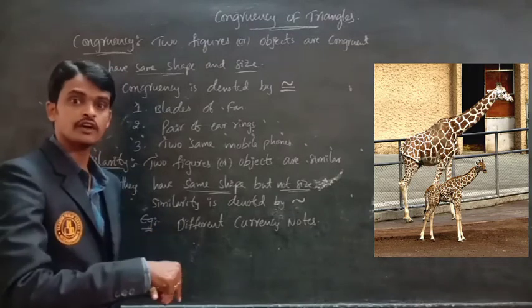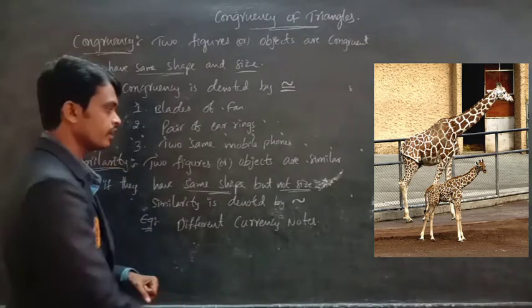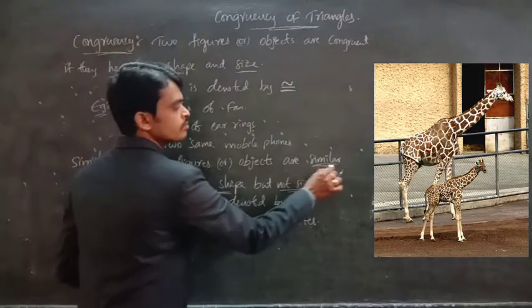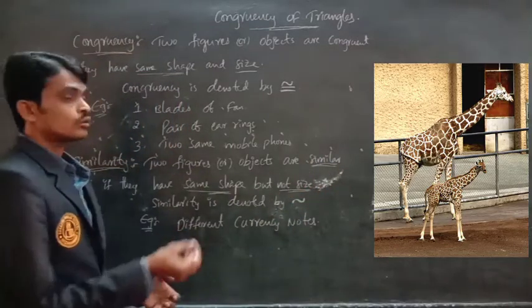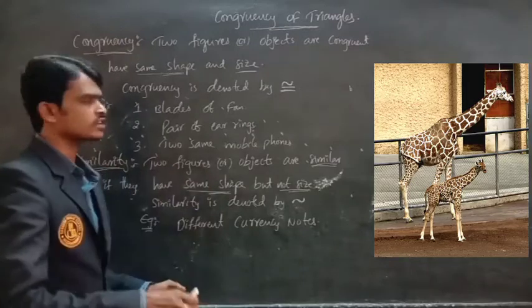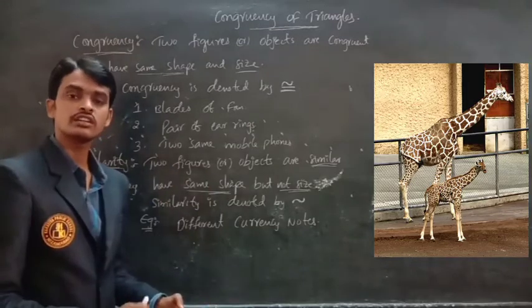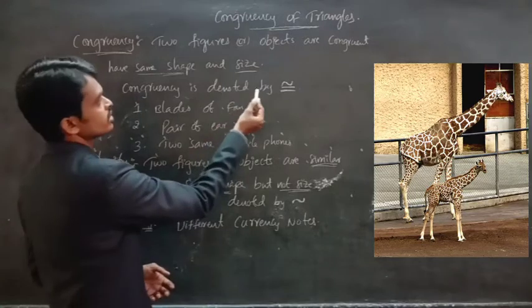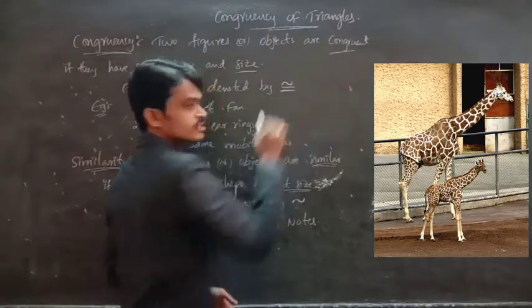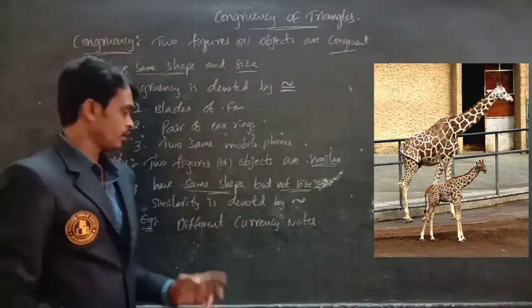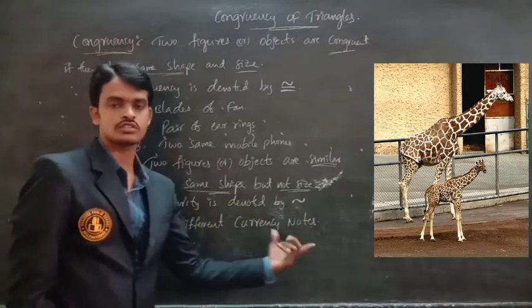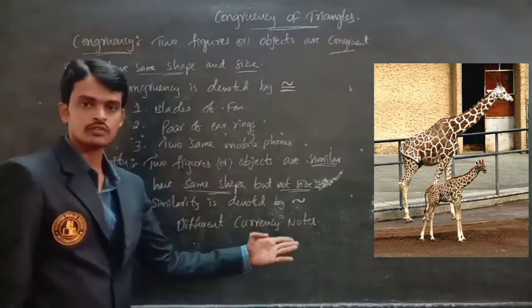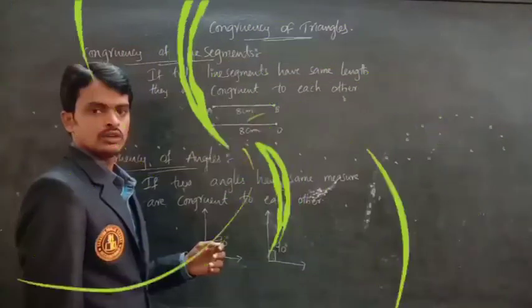So these kinds of objects we will say are similar objects. If two objects have the same shape and same size, then they are called congruent. So these are the examples: different currency notes and sizes of the giraffe.